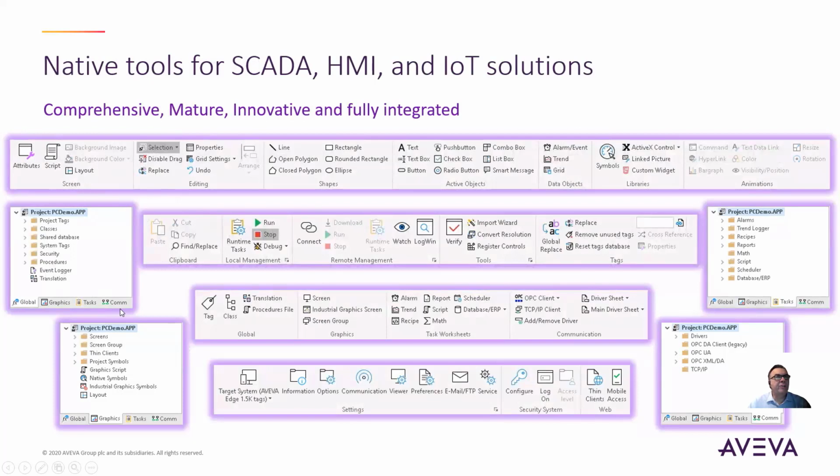So I've shown here kind of the development ribbon interface and some of the tools that we have, just as more of a reminder or a checklist for me, because you get all of the drawing tools, you get all the animations, the ability to tie in external objects, the ability to do remote management, remote troubleshooting, to manage your tags database, all your graphics, all your background things that happen like alarming, trending, recipes, reports, scripting.